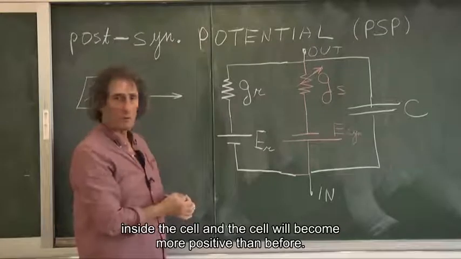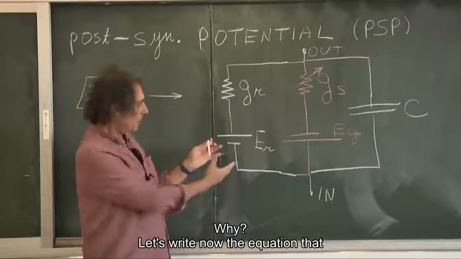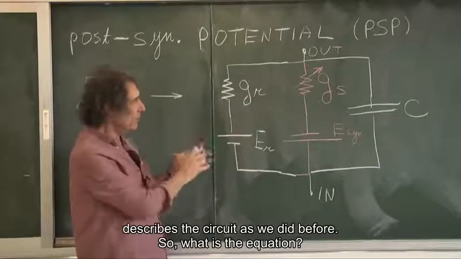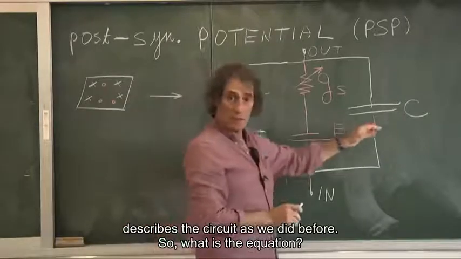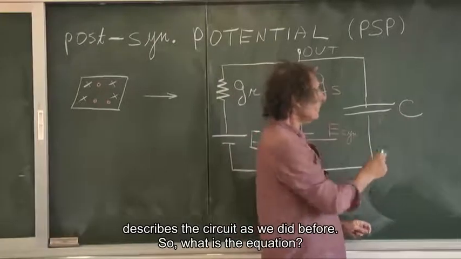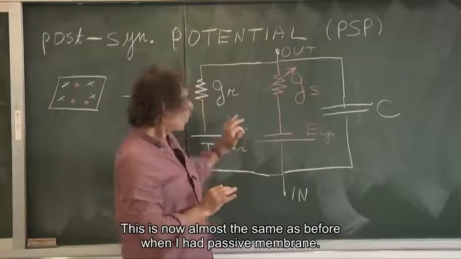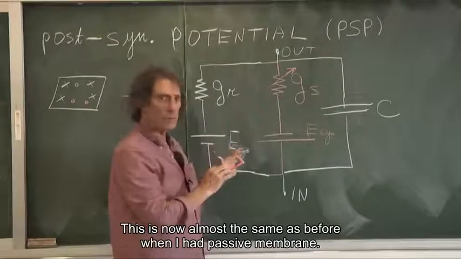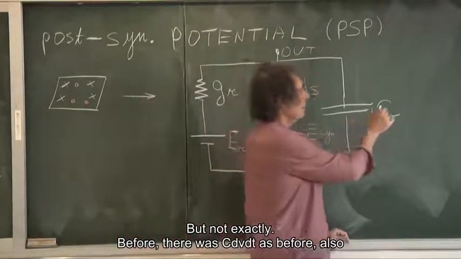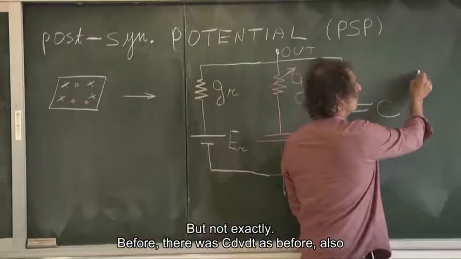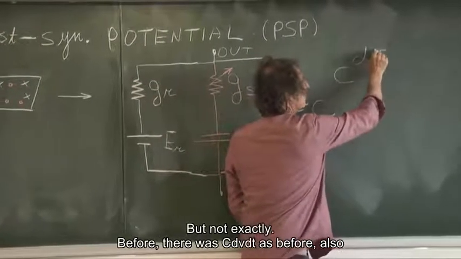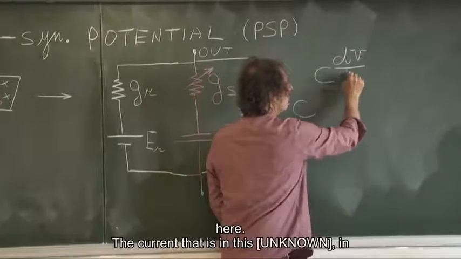Why? Let's write now the equation that describes this circuit as we did before. So what is the equation? This is now almost the same as before when I had passive membrane, but not exactly. Before, there was C dV dt as before.